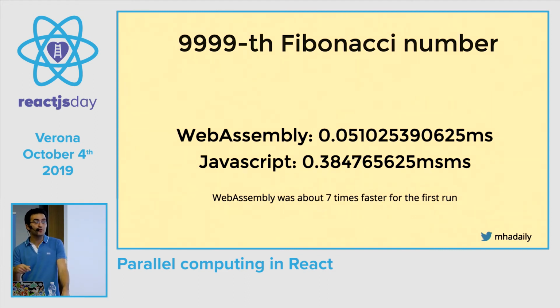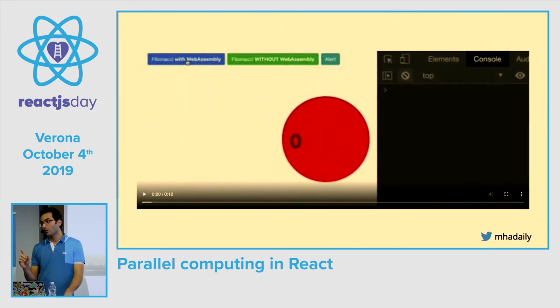The second time was almost the same. And also, if you pass a smaller number, like 10 or 100, the execution time was the same. So it's not like WebAssembly is faster. But what we can say is that the performance from WebAssembly was much more predictable.